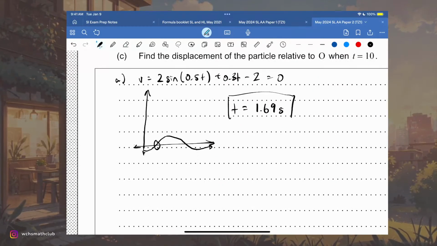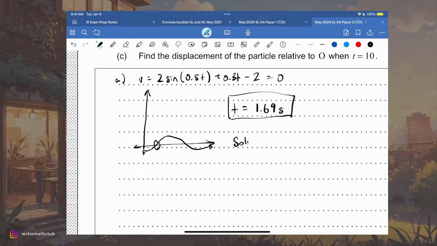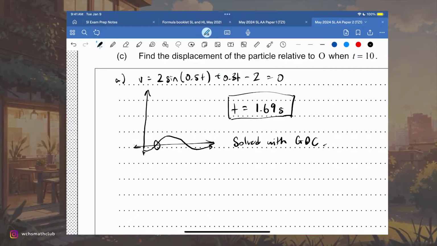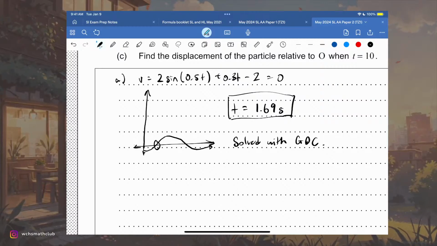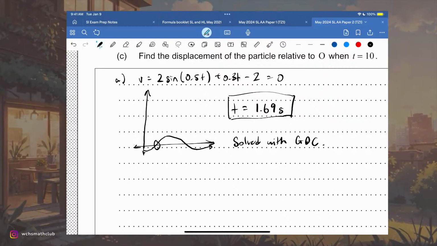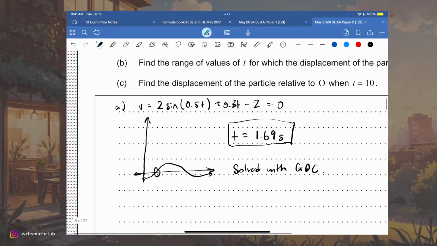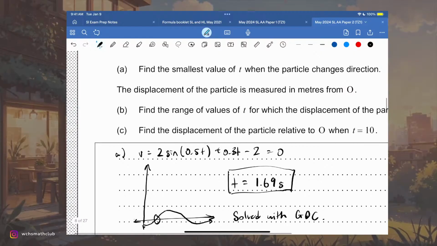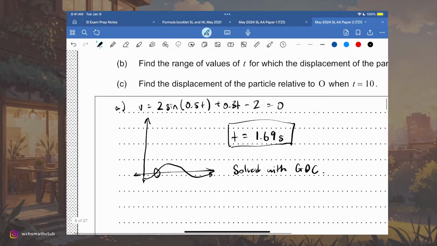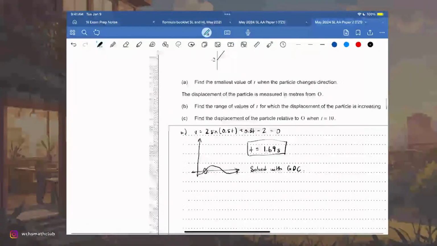We're going to box this and say solved with graphic display calculator. Contrary to the Alberta curriculum, you actually don't need to show the window settings. So all I have to do is graph and say solve with GDC.